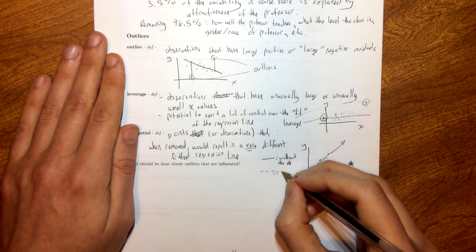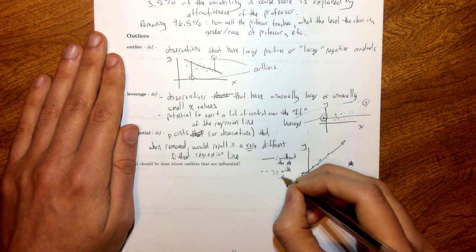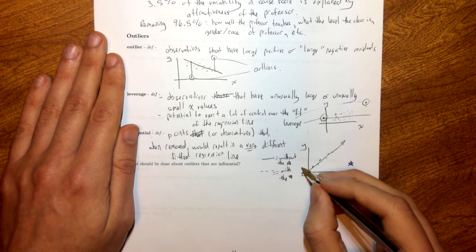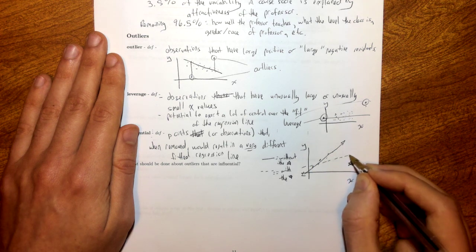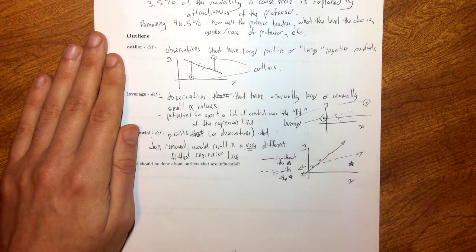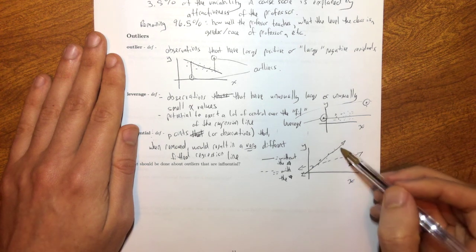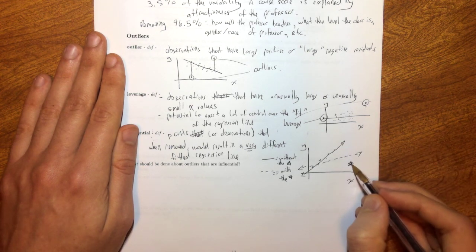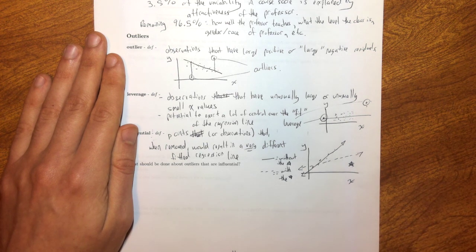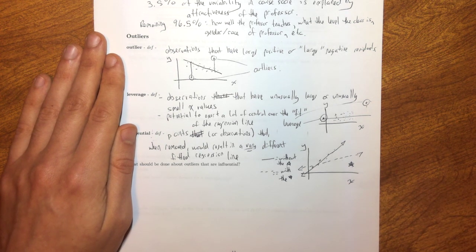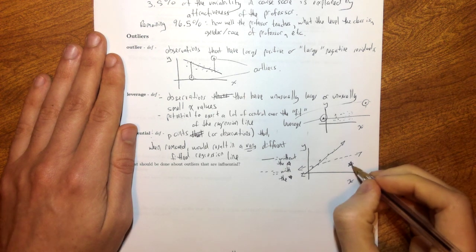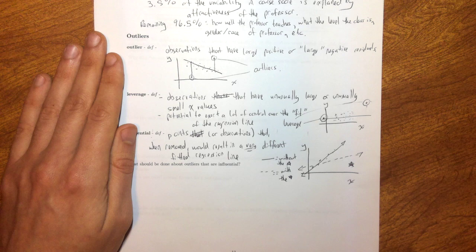Then I'm going to draw a dashed line that's going to represent the regression line that includes the point that's starred. That might look something like that. Because these two lines are really super different, this point that's starred has a lot of influence. This is important because if a point has a lot of influence, we need to think hard about whether that point belongs in the analysis, if there is a reason to remove it, if we should report both lines, etc.